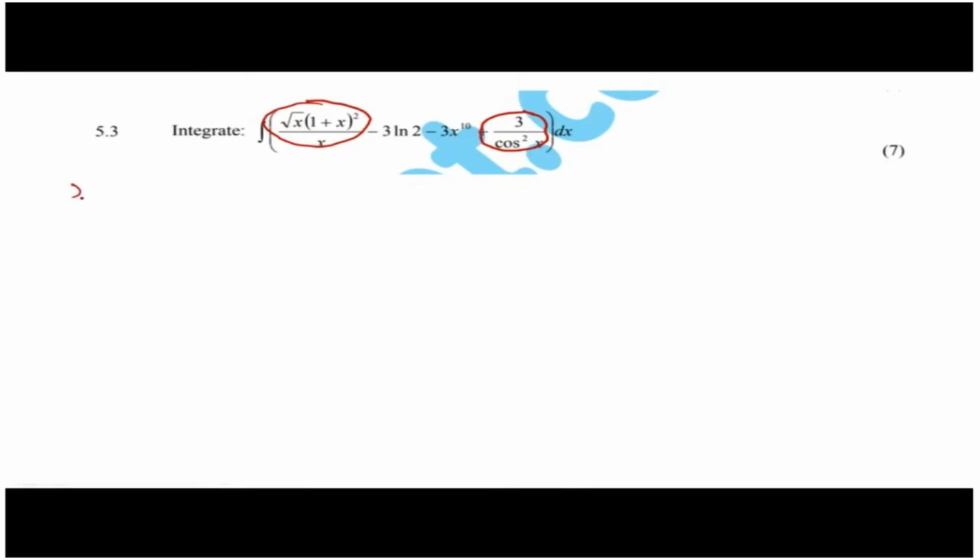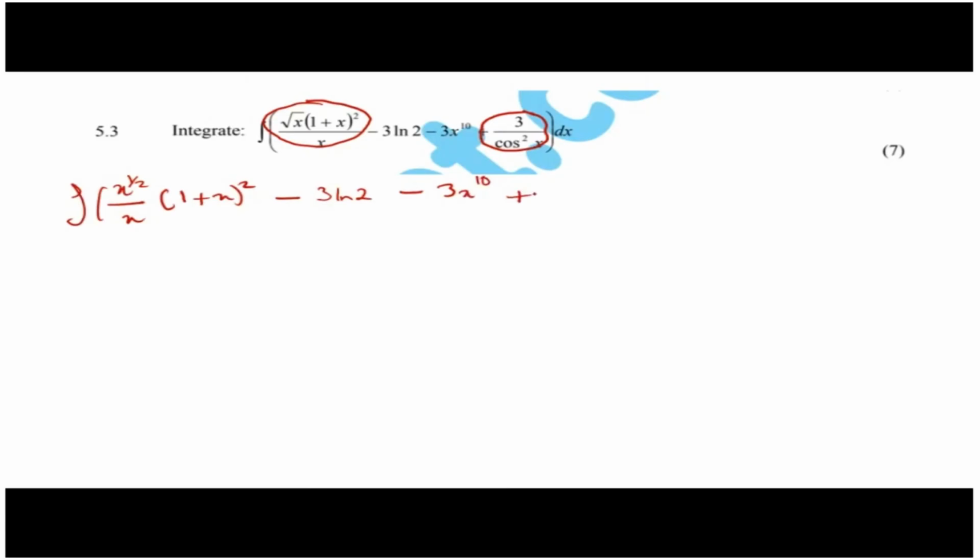Let's say the integral of x raised to power half over x, then 1 plus x all squared, minus 3 ln 2. We don't need to simplify that one. Minus 3x raised to power 10. We don't need to simplify that one.